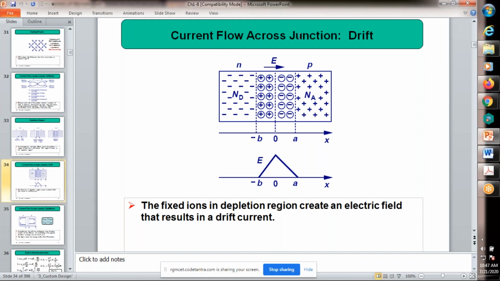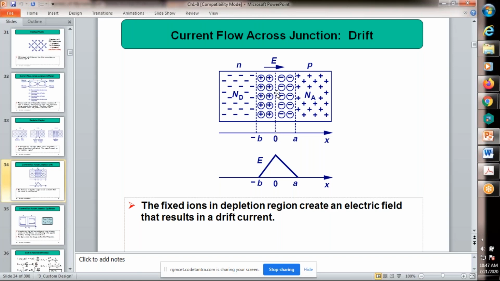Current flows across a junction. Now this one is drift current. What is the electric field here? Observe the limits: suppose the boundaries are minus B and A, and 0 is the junction. For x less than minus B, the electric field is equal to 0. As diffusion current slowly increases, the electric field also slowly increases.